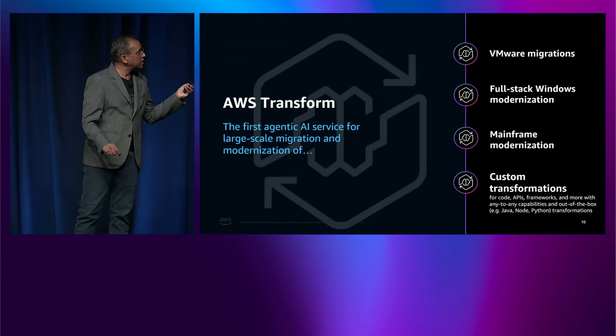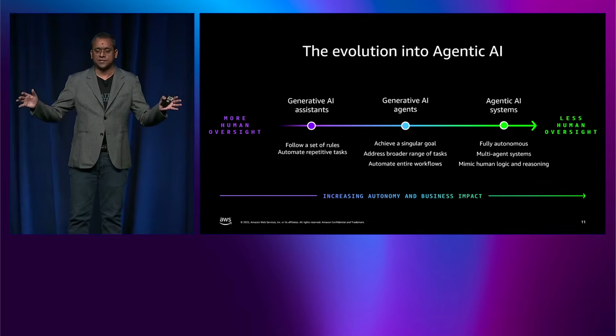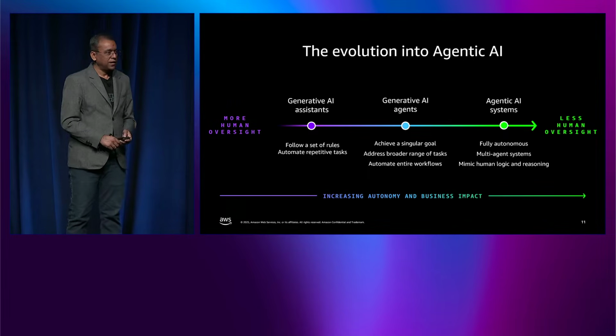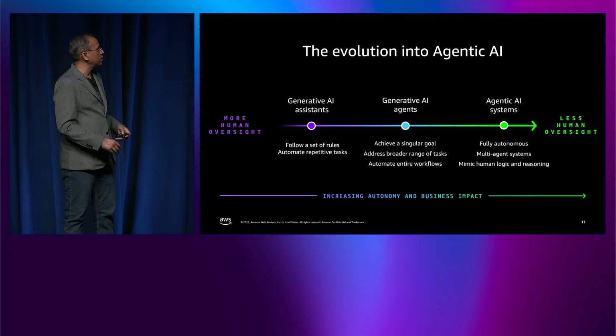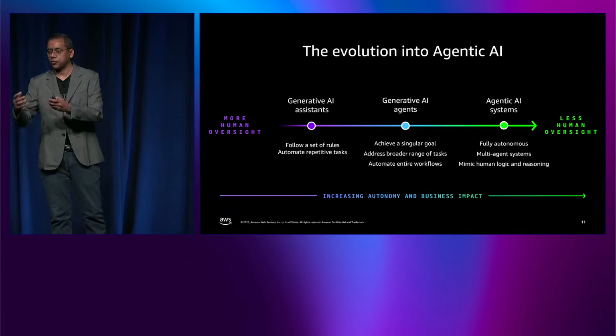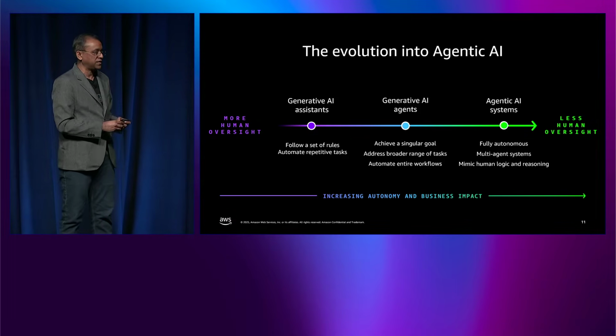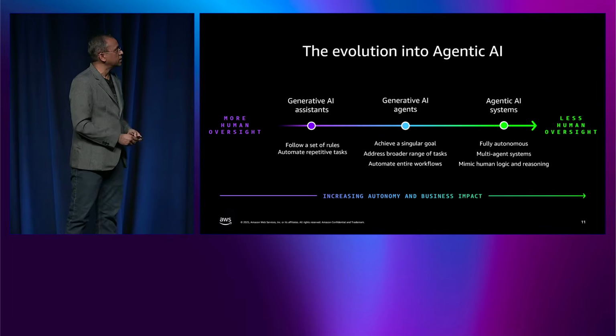To understand what agentic system really means, I think we need to collectively level set on certain definitions. When generative AI started, people were all over building AI assistants. You ask a bunch of questions, and AI will generate code and give you specific answers. That was good for solving certain problems.